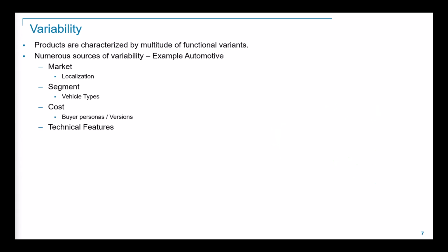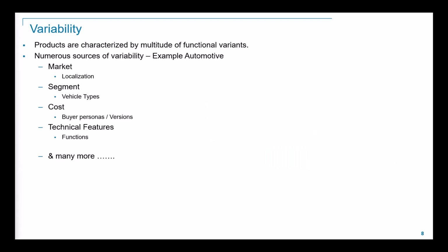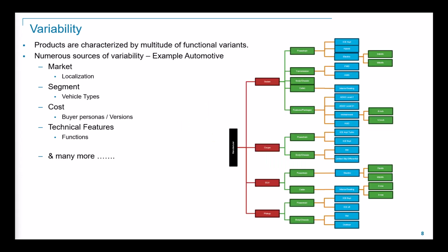Also, the technical features drive numerous variation points. The functions and the features drive different kinds of variabilities in the application. Other than this, we have many more factors which create variability in any application.